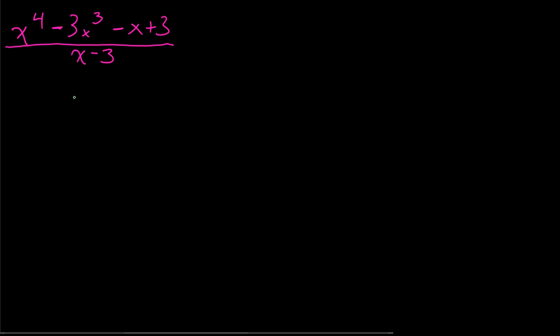Now, a couple things I wanted to note and why I chose this one: I need to write this in descending powers of x to hold place. But notice I'm missing an x squared. So I need to make sure I hold that place. Just like 601, we put a 0 in to hold the tens place.